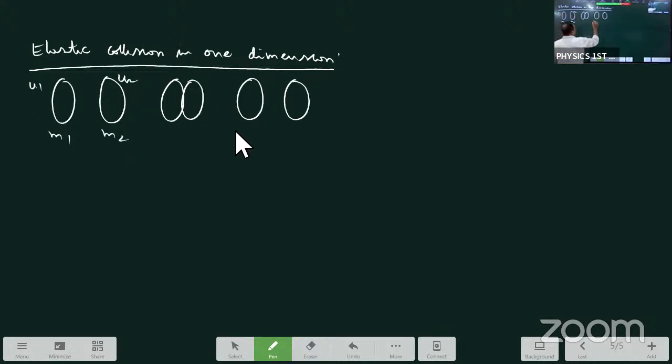After impact, the velocities are v1, v2. This is before collision, and this is after collision.